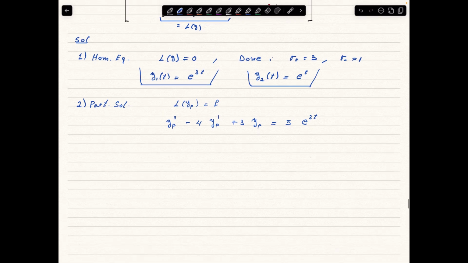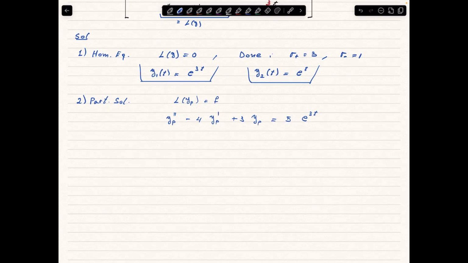Well, that's not a big problem, because our right-hand side is f of t equals 5 exponential 3t, and we learned in the previous problem that we should guess the same exponential, so it cancels out later on in the calculation. So we should guess an undetermined coefficient times an exponential with the same exponent. If we have 3 here, we need to put 3 here, so they cancel out later.